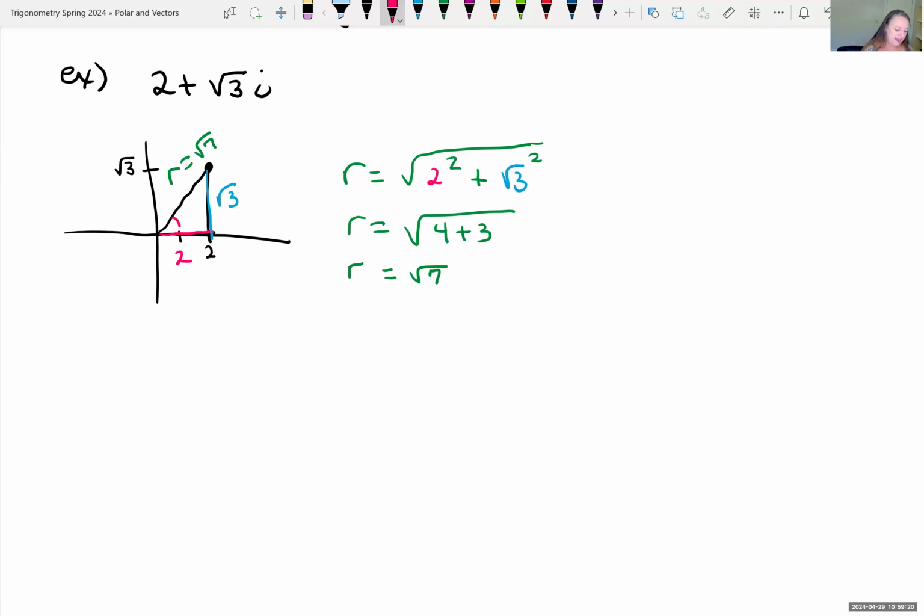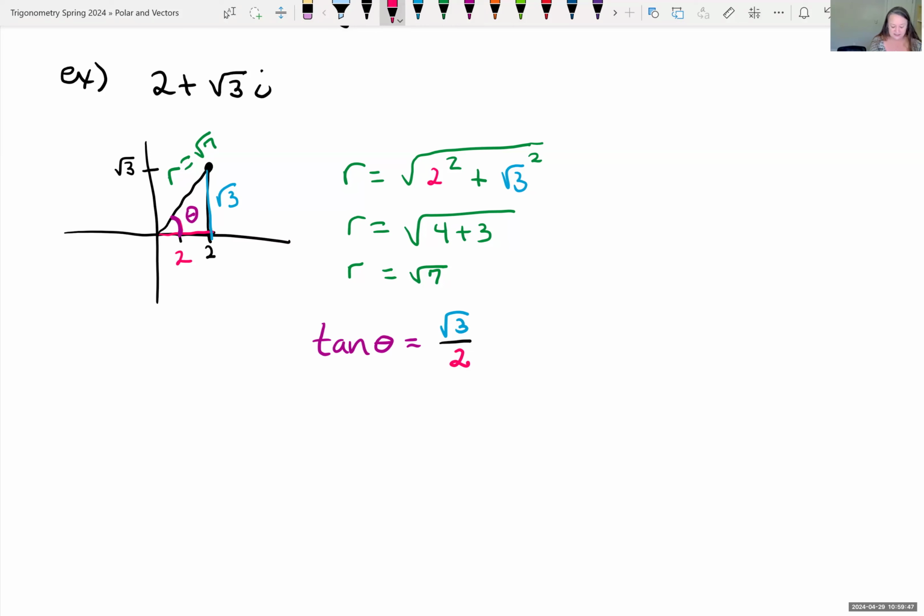I need to know what theta is. I'm in the first quadrant, so I don't have to think about reference angles. I know that tangent theta is opposite, which is root 3, divided by the adjacent, which is 2.